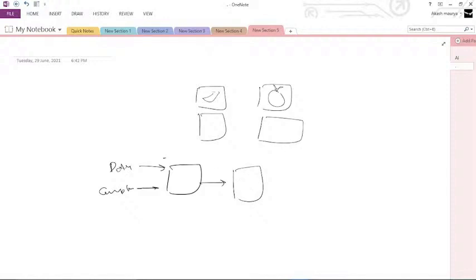ML is used when human expertise does not exist. If we don't understand something and want to find out the hidden pattern in there, then we can use machine learning. If humans cannot explain the hidden behavior of some phenomenon, then we can use machine learning and let the computer find the relation between them.